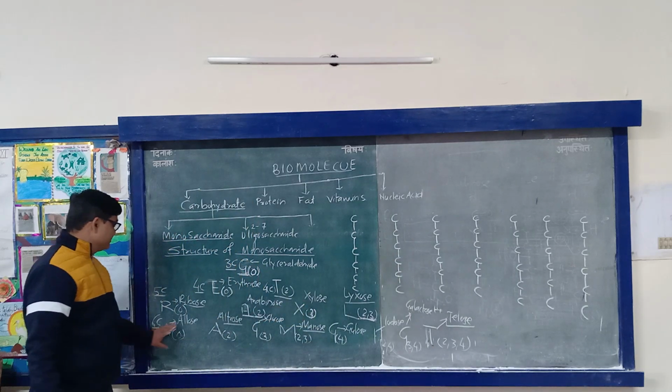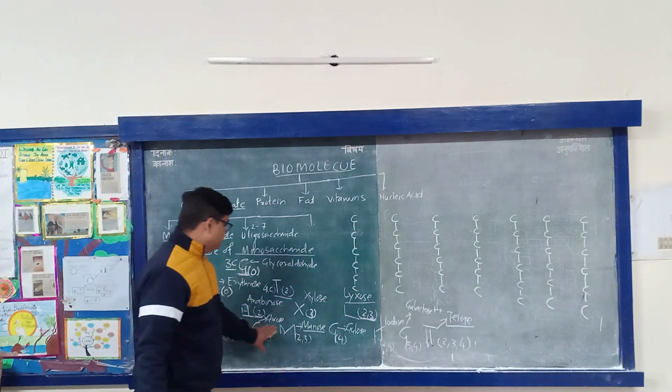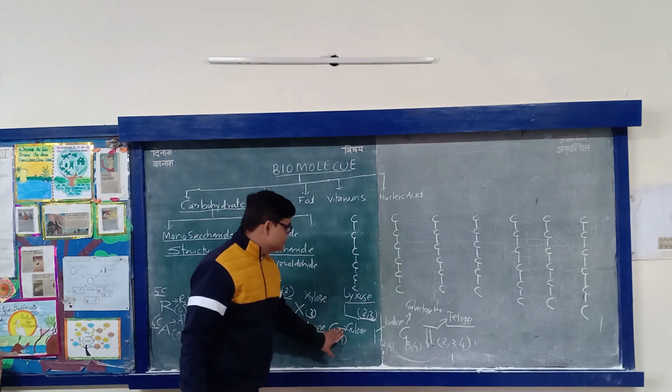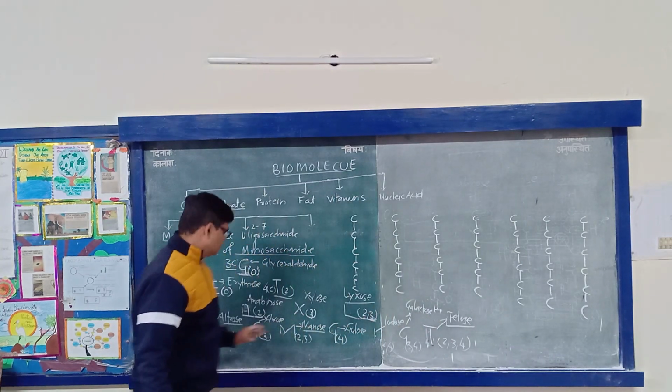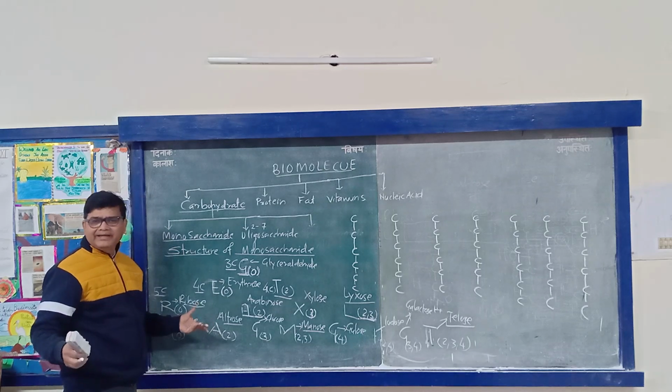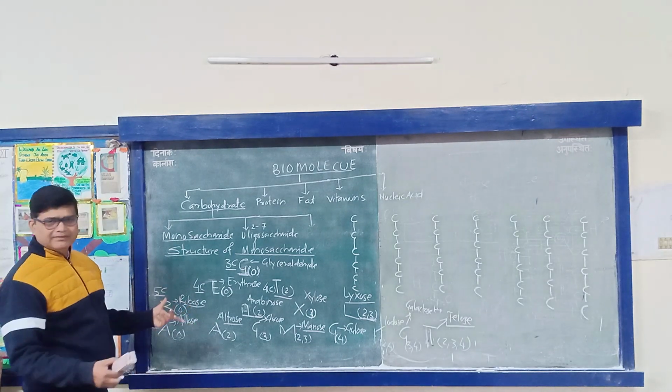You have to remember Allose, Altrose, Glucose, Mannose, Gulose, Idose, Galactose and Talose.